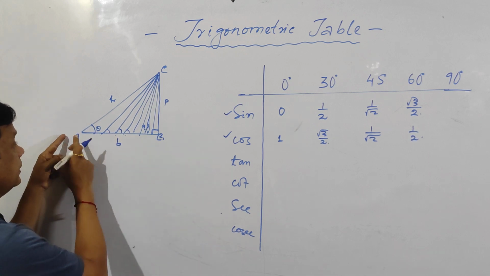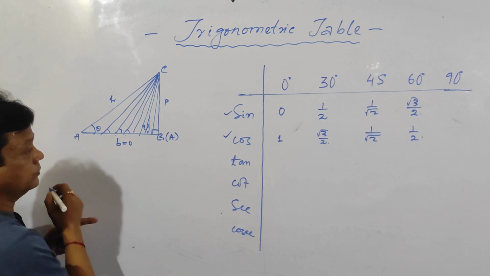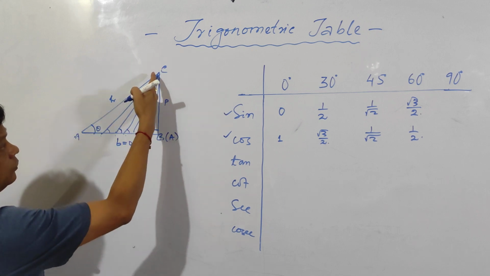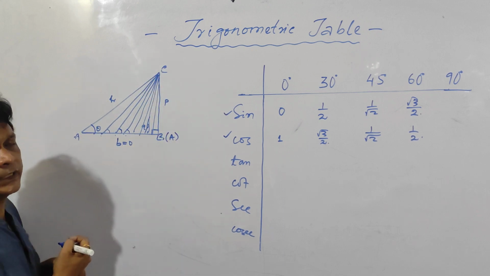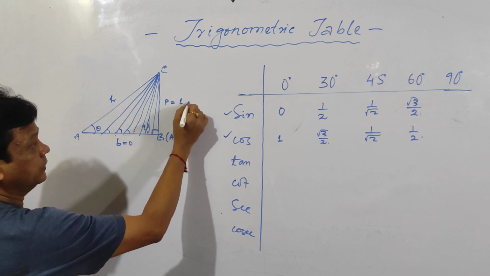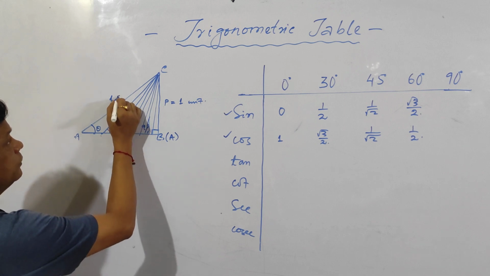And in that case, the point A will coincide with B, so that B will become 0. This side will become 0. That means the length AC will become equal to BC. So let us take P as 1 unit. And here H is also equal to 1 unit.